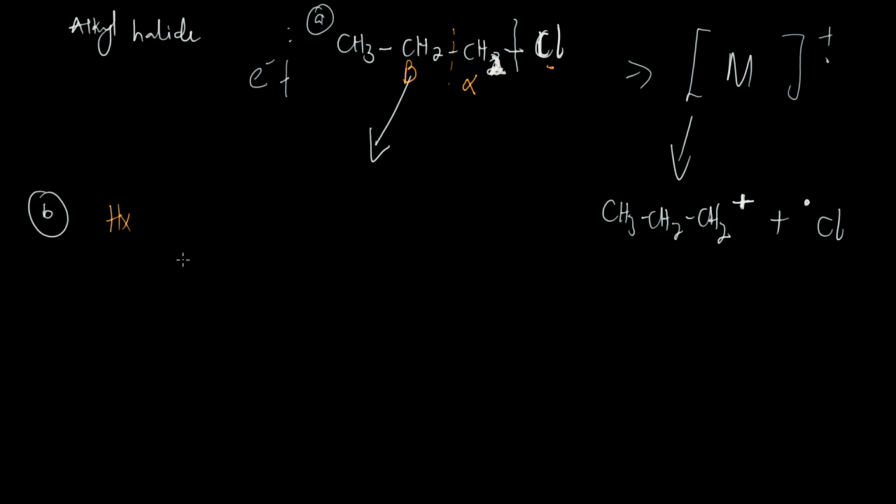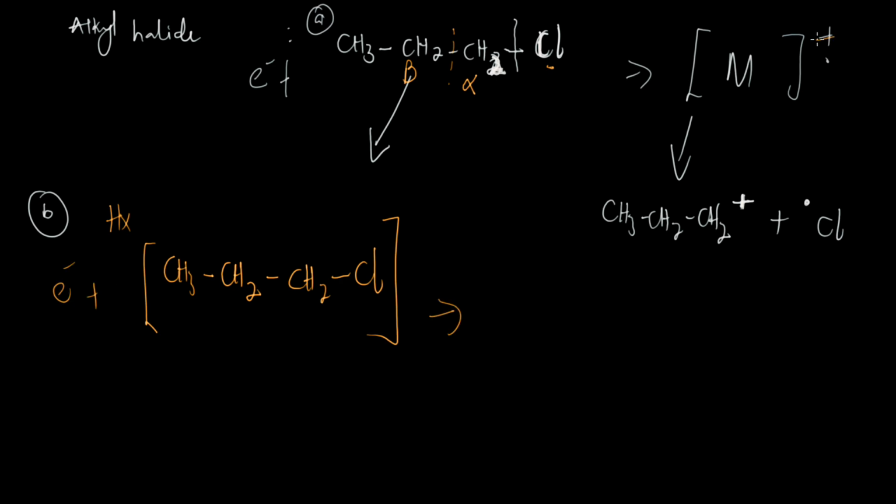So when you cleave here, you're going to have CH3, CH2, CH2, Cl, right? When you bombard this with a high energy electron, it's basically going to give you a radical cation. But this radical cation, most times, is written at the point of the functional group.